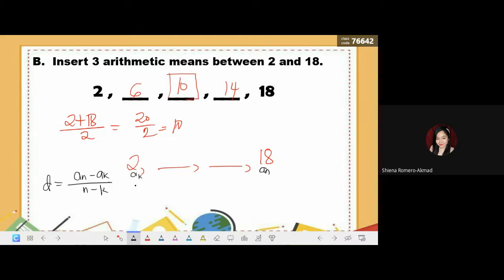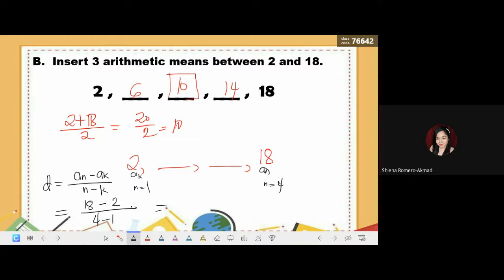What we will do is substitute. We'll have 18 minus 2 divided by, what position is it? The n here is 4. The k here is 1. So 4 minus 1.